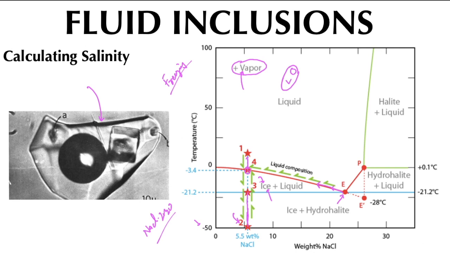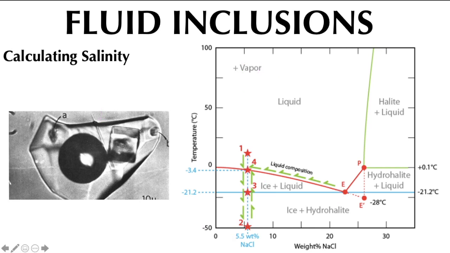And all the NaCl is now dissolved in this liquid, right? Now when it is dissolved in this liquid, at this point you want salinity. So now you can calculate salinity as you drop it down here, right? So this is the point you get at 5.5 weight percent. This is the salinity of the inclusion.